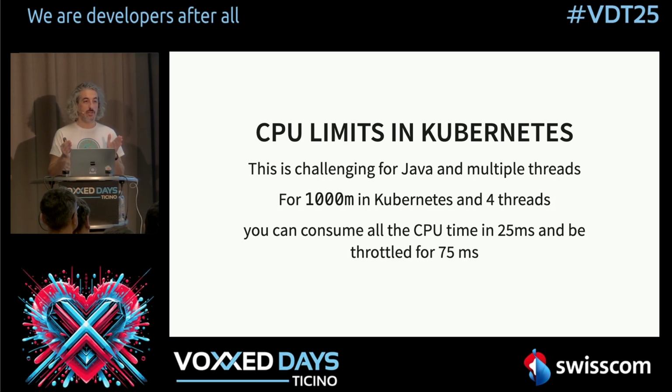So how does this translate? If you are serving web pages, that means you're going to have very high latency, or you are going to see high variation, because if your container is busy, it's going to be throttling. It's not going to do anything for 75 milliseconds every 100 milliseconds. So three quarters of the time it's not going to be able to do anything.